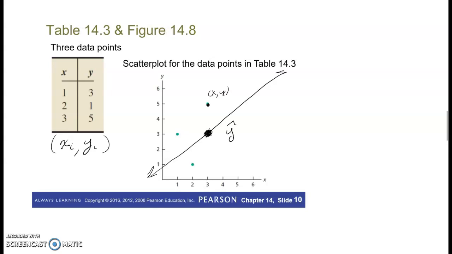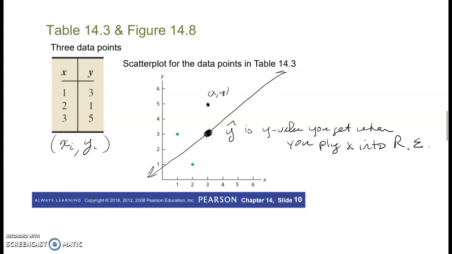So the y hat is the y value you get when you plug x into the regression equation line, okay? Where y sub i is the actual raw data value.